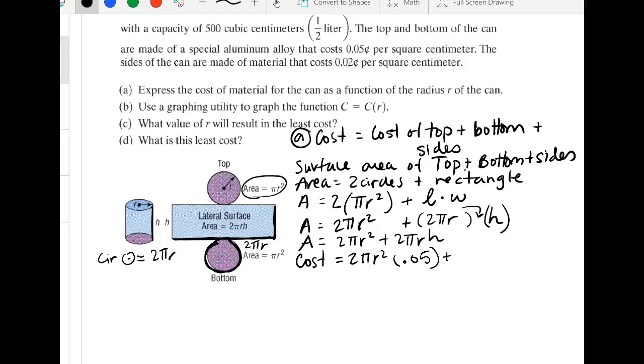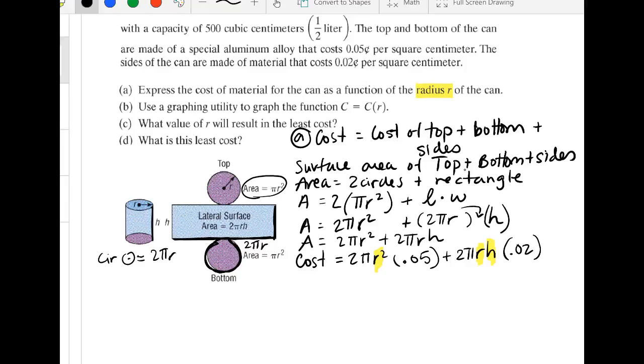Now on the sides, it looks like it's slightly cheaper, so 2 pi r h times 0.02 cents. Well, that is the cost equation, but it doesn't want cost in both r and h variables. Notice right here, I have variable r and variables r and h, and it only wants the cost in terms of the radius.